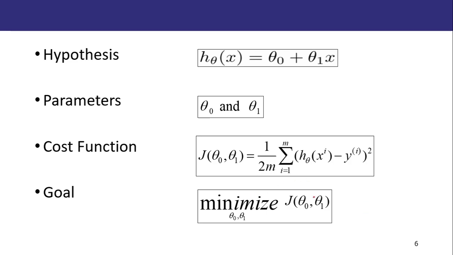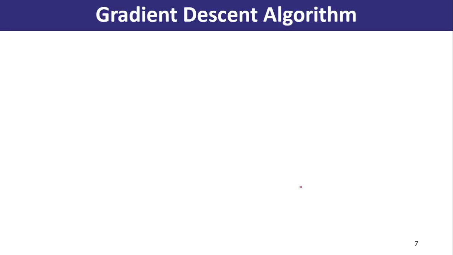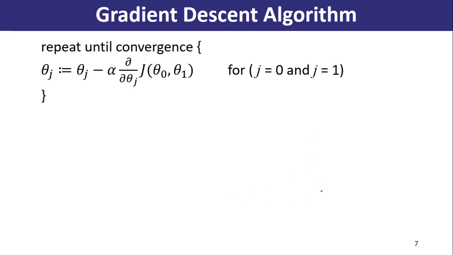Now to minimize this cost function J of theta 0, theta 1, we are making use of the gradient descent algorithm. So what is the gradient descent algorithm? We repeat a step that updates the values of the parameters theta j. Repeat until convergence: theta j equal to theta j minus alpha into the partial derivative of the cost function J of theta 0, theta 1.